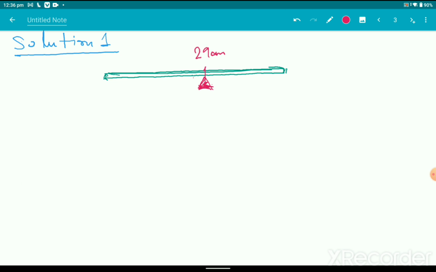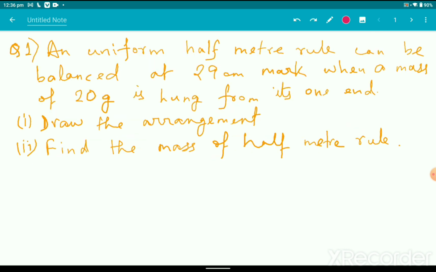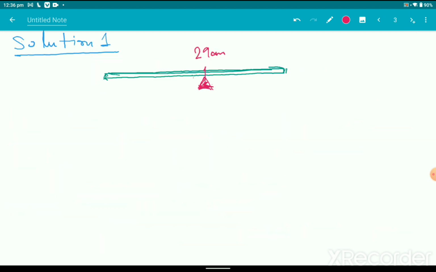Okay, fine. Now it has been said that a mass of 20 gram is suspended, and it has been asked where the mass of 20 gram should be suspended. So first of all, let us think that the weight of the rule, as I have discussed in the previous class, the weight of a meter rule, or say here half meter rule, will always act at its midpoint.